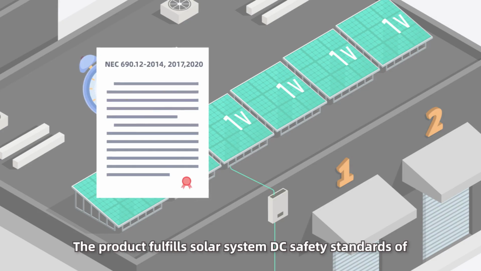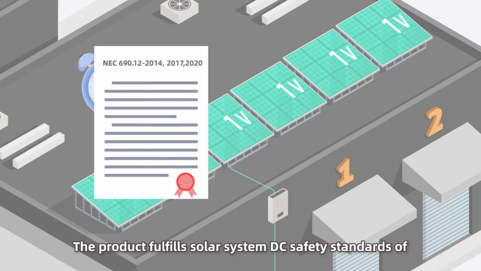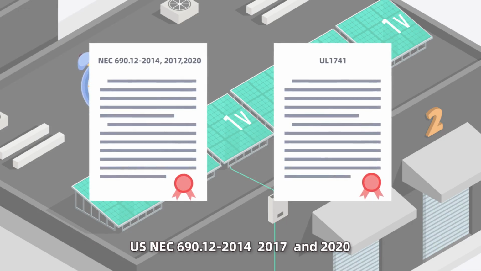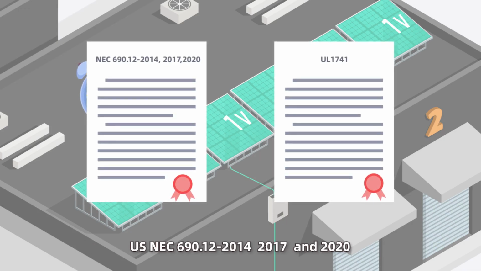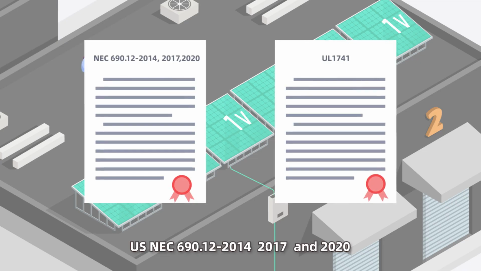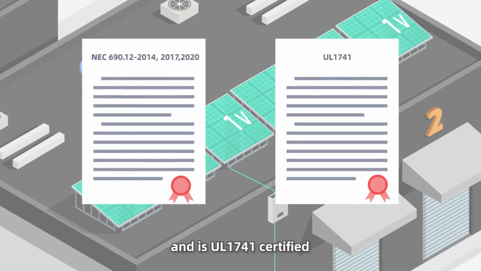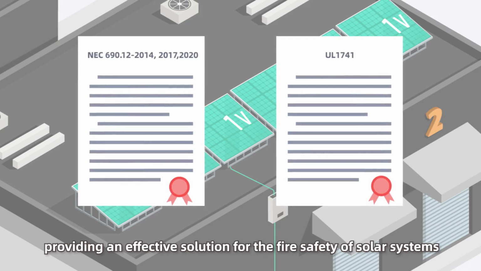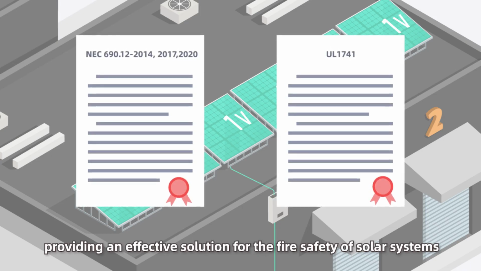The product fulfills solar system DC safety standards of US NEC 690.12 of 2014, 2017, and 2020, and is UL 1741 certified, providing an effective solution for the fire safety of solar systems.